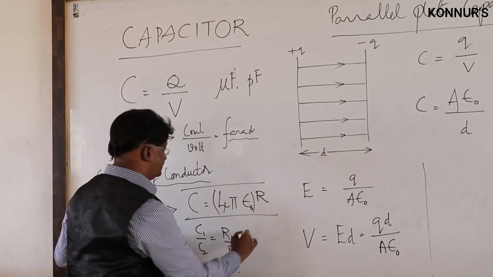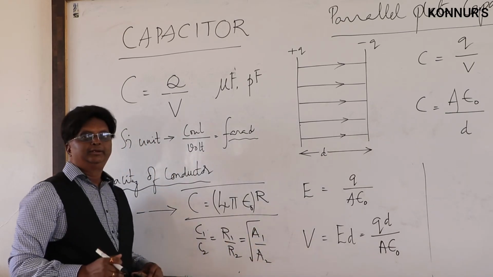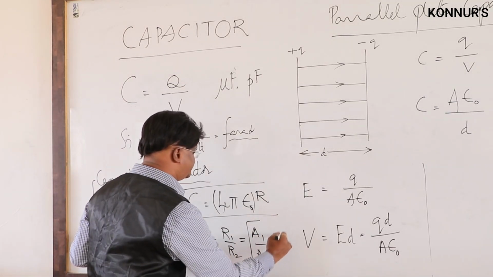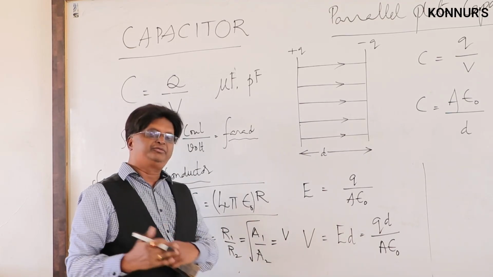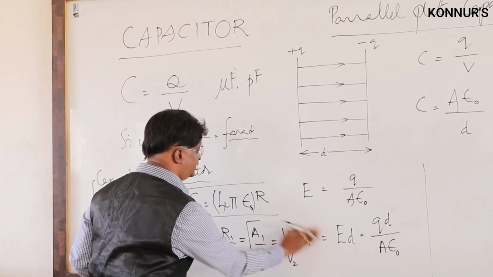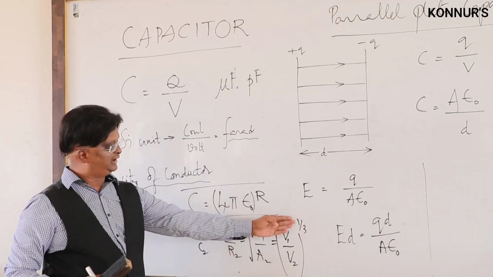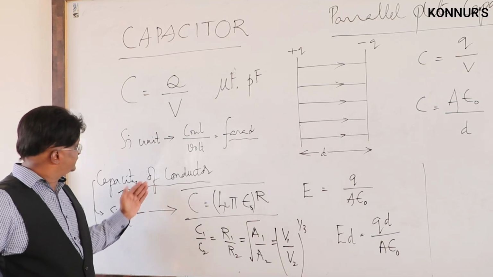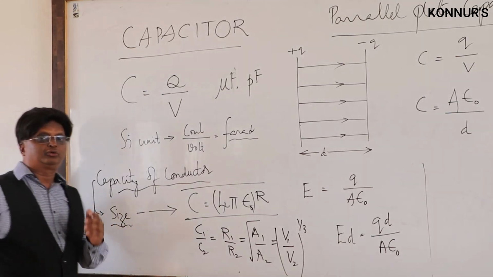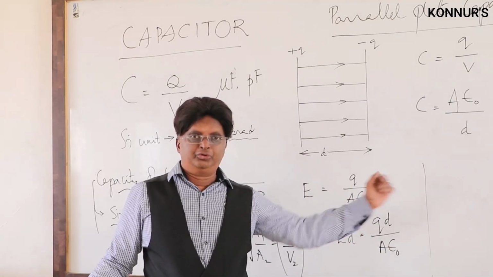If you are given areas, then it will be A1 by A2 under root, because A is proportional to R squared, so R is proportional to root A. If two spheres of different volumes are given, then you will write V1 by V2 whole raised to 1 by 3, the cube root. So the capacity of a conductor depends upon the size. As for the nature of the surrounding medium, we'll discuss it in due course.